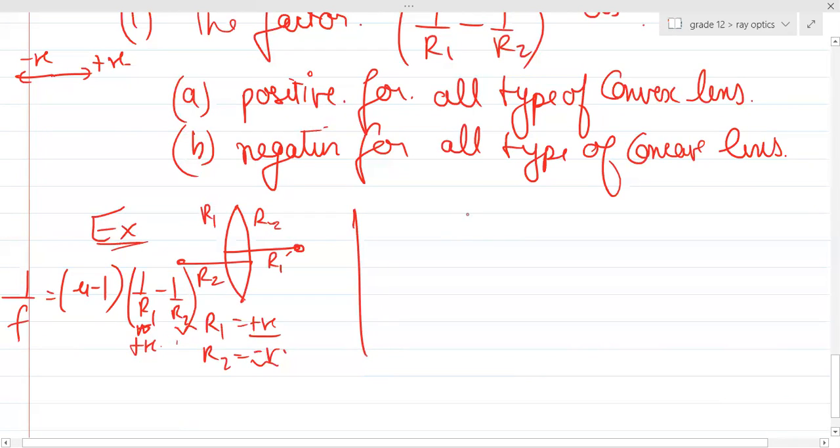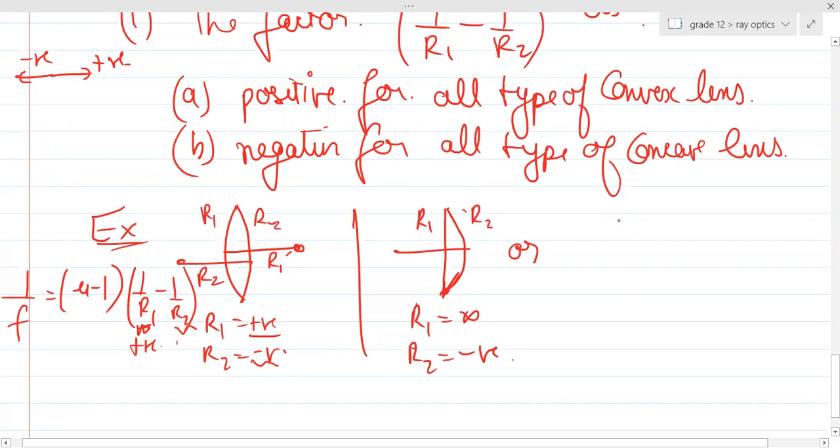Similarly, if I have, let's say, this one, here R1 will be, tell me, R1 will be infinity and R2 will be negative. So can you see, this term will be 0 and this term will be minus of 1 by R2. R2 is negative, negative, negative, again positive.